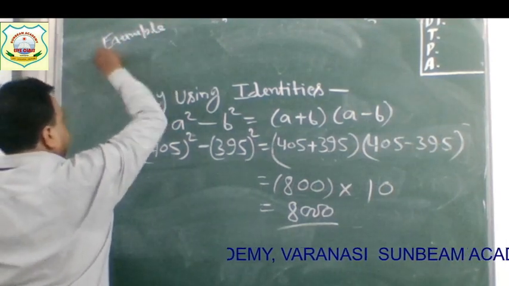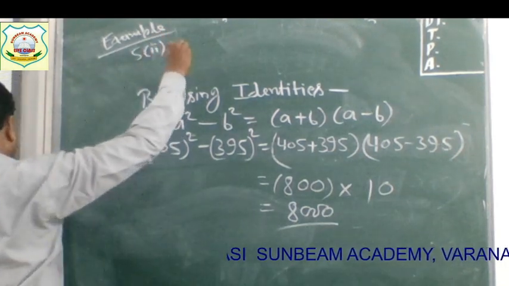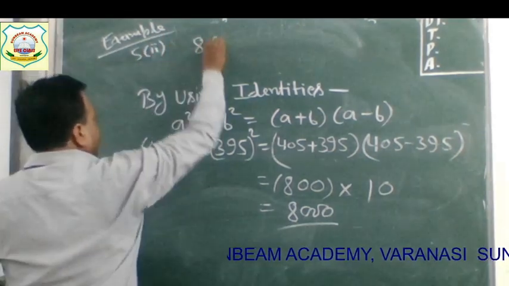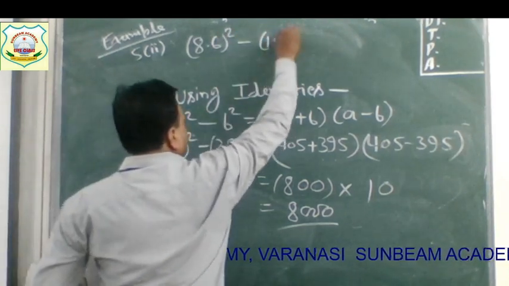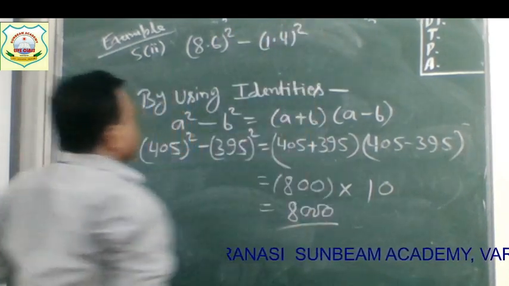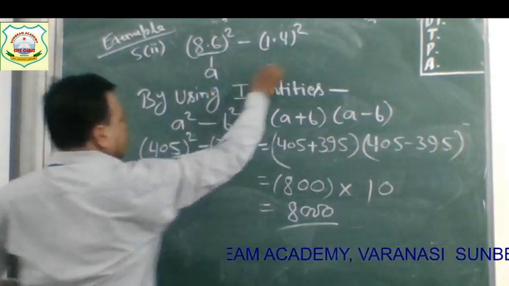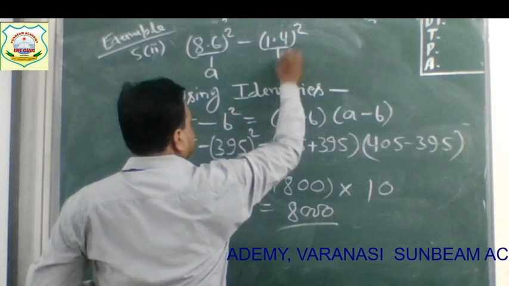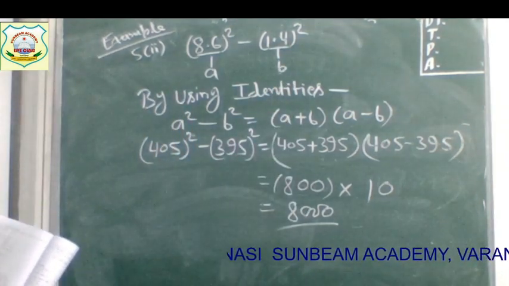Example 5 second. There is given 8.6 whole square minus 1.4 whole square. You can see here, this is the a and this one is the b. So a is 8.6 and b is 1.4.